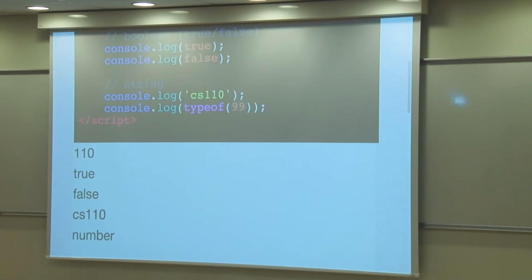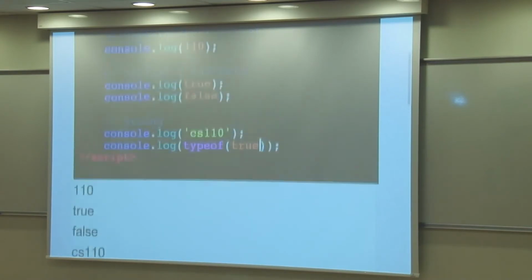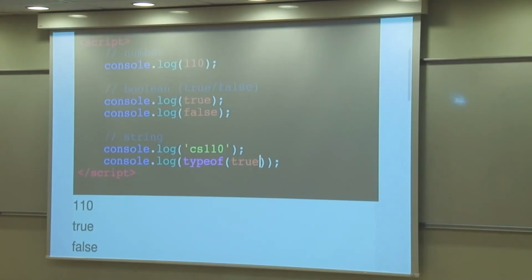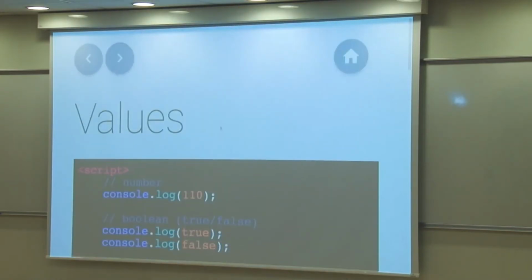The type of a Boolean, like true, is a Boolean. So if you're ever curious about the kind of thing that a value is, you can use typeof and it will tell you. With me so far? So far nothing complicated, we have values: numbers, strings, and Booleans. There are other values that we will discuss, but for now, just know these.